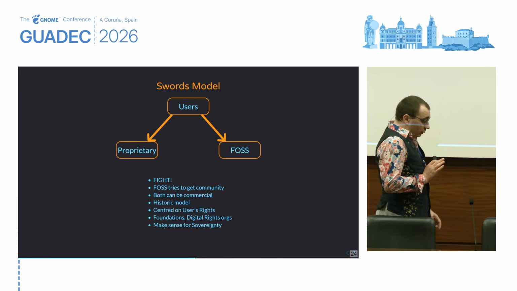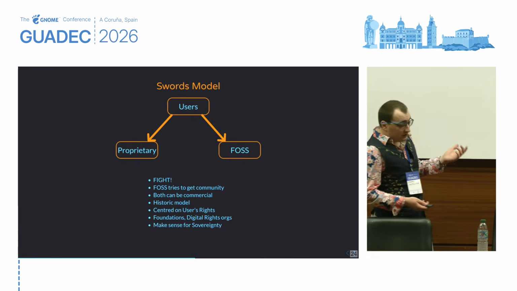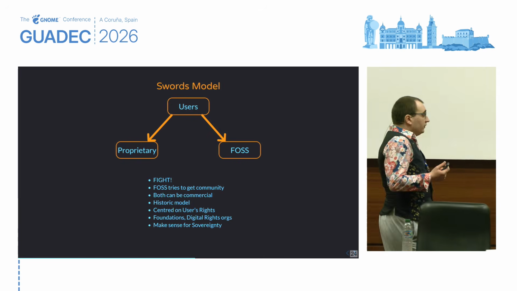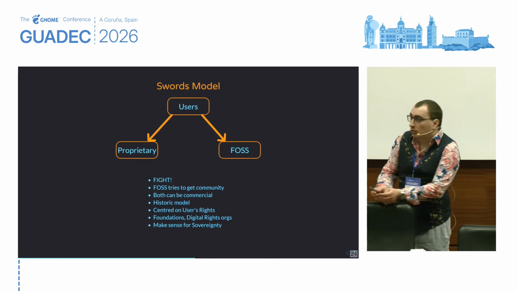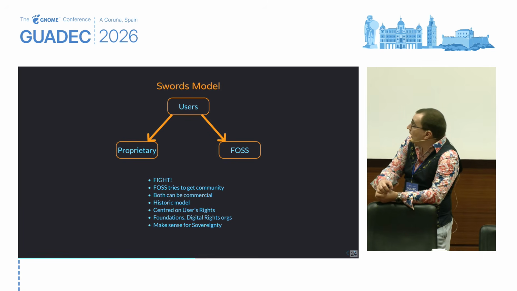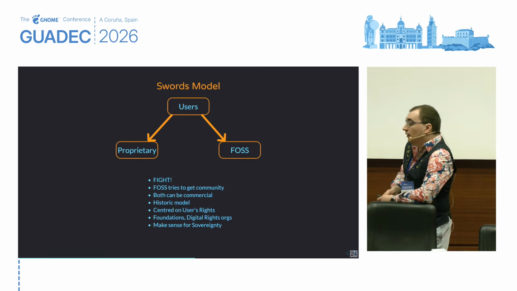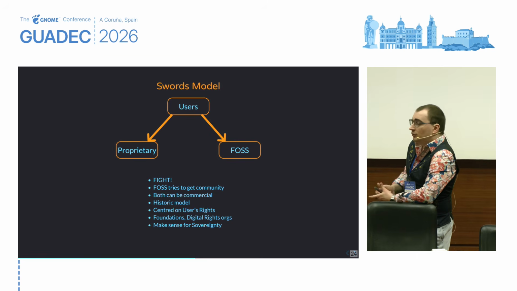This model also makes a lot of sense if you're looking at digital rights or at stuff like sovereignty and independence. This is something that is really in the spotlight right now in Europe for obvious political reasons. A lot of what I'm presenting here comes in part from having talked with policymakers, people from the EU Commission, from European governments.